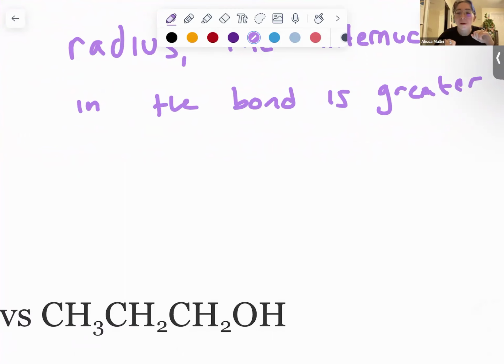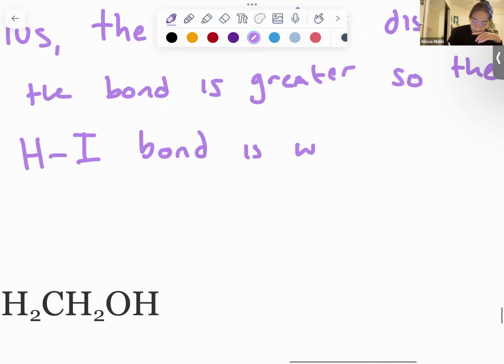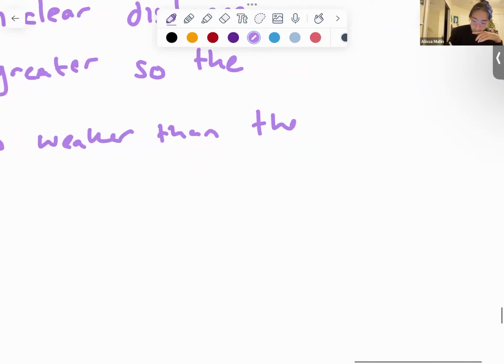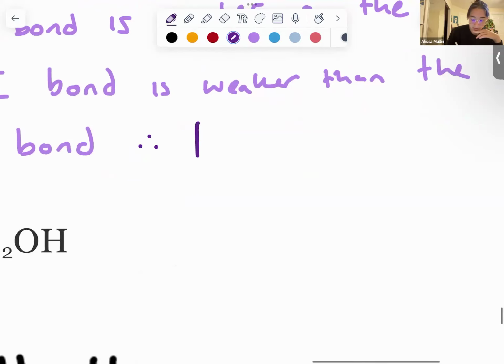It's bonded, but the iodine nucleus is way over here. It's barely holding on to those shared valence electrons. So that will render this a weaker bond, which means that HI is the stronger acid.